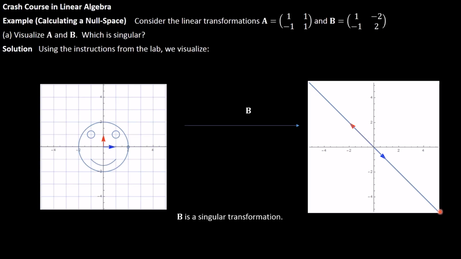The other way of understanding this is just to say, well, this is the blue vector, this is the red vector, they're parallel, and therefore the transformation maps the entire plane onto the line containing those two vectors. However you choose to think about it is fine, but there are different ways of understanding the fact that a transformation is singular.